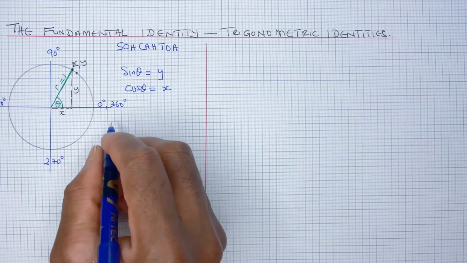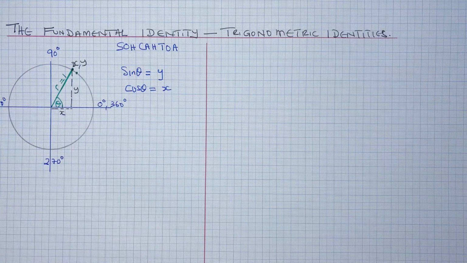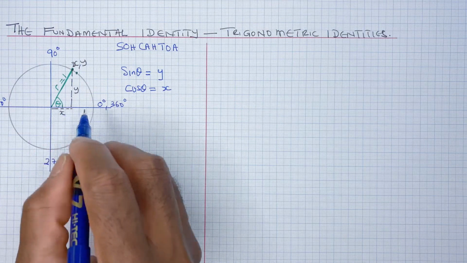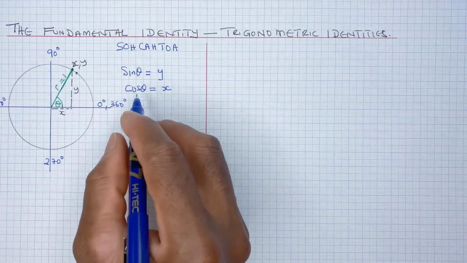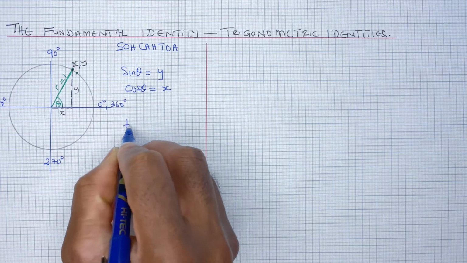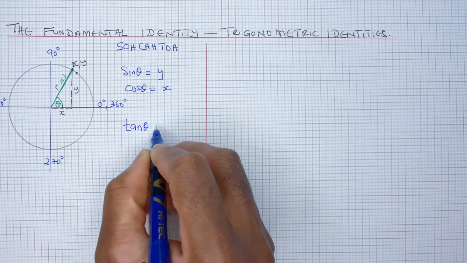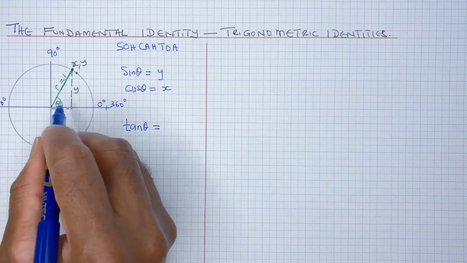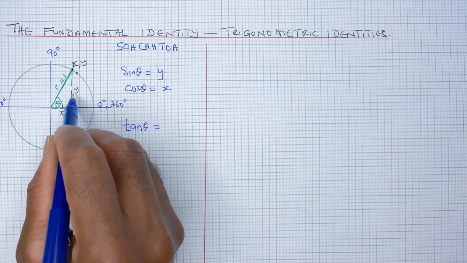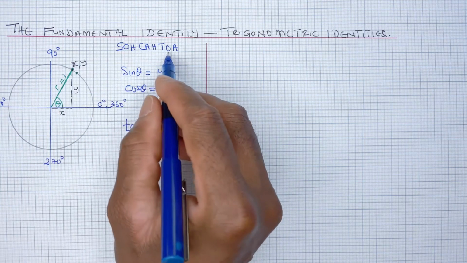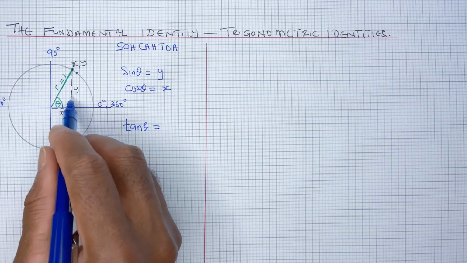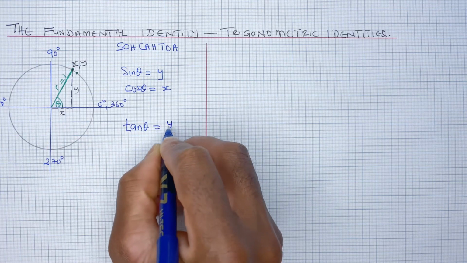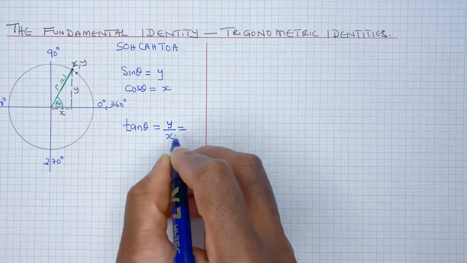So now let's find tan of theta, since I found my sine theta and cos theta. Tan theta is opposite over adjacent, so that'll be y over x. But what is y over x?